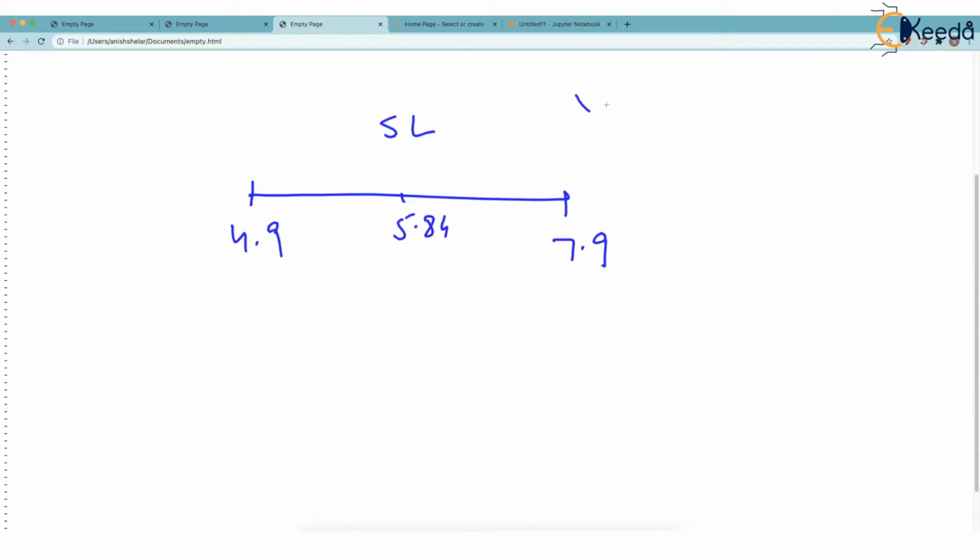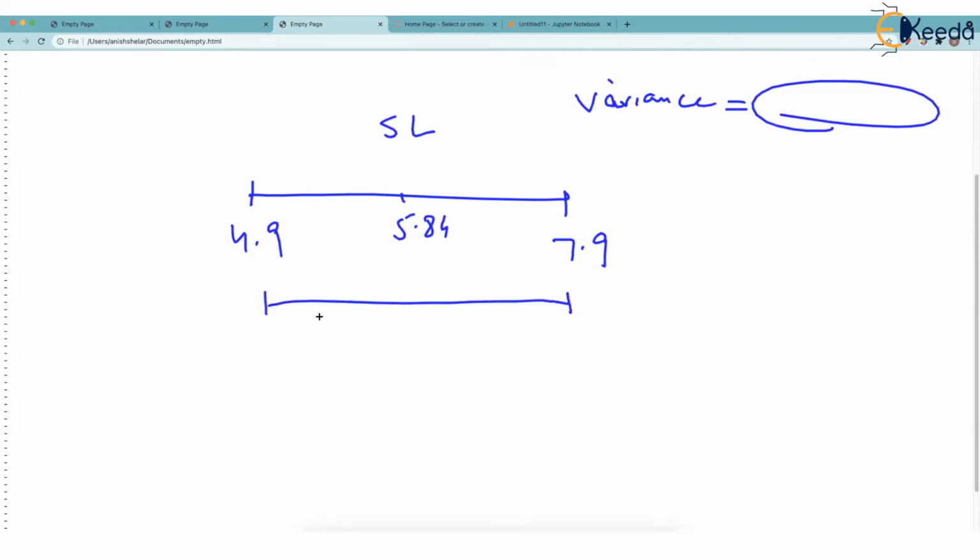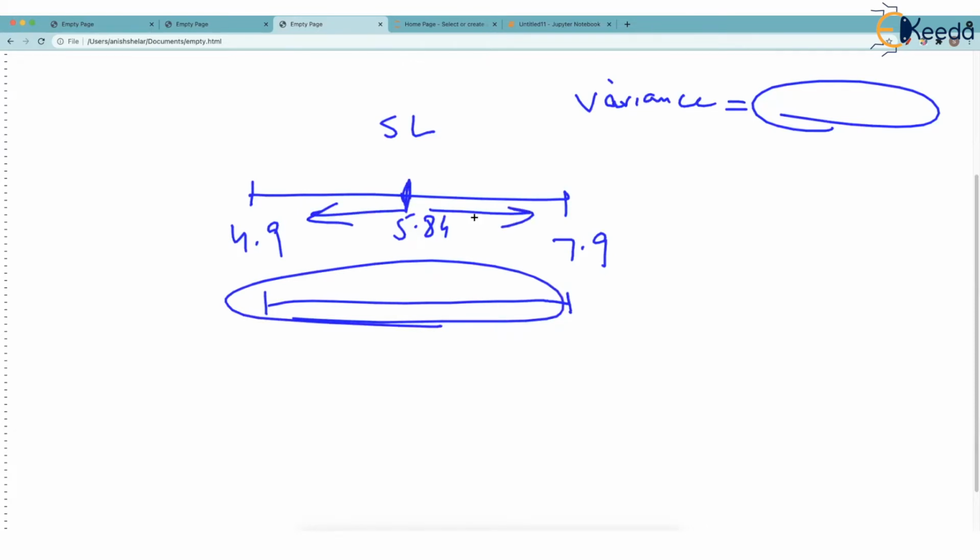After running variance formula, we will get a value which will describe the spread of the values. That means around mean, how widespread are the values. What is variance? Please try to understand how widespread are the values across mean. Okay, take your own time to understand what variance is.